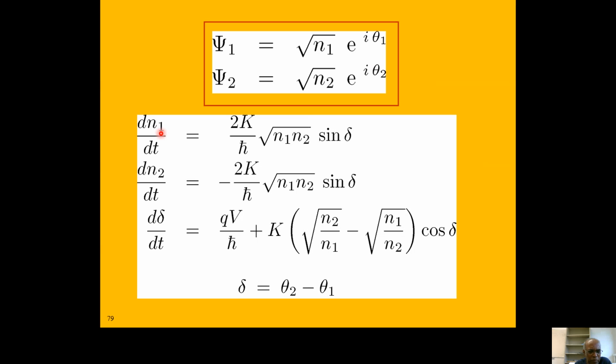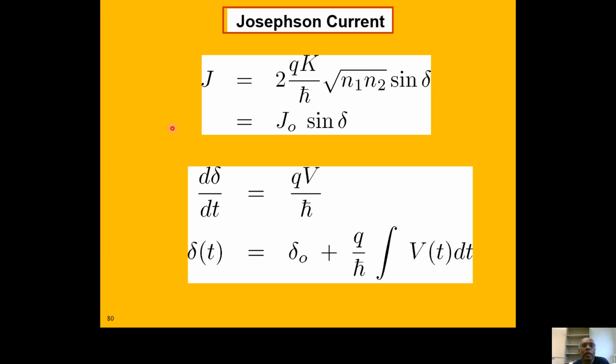So charge, if you divide by your time, you get your current. Because N1 is the super current, sorry, super charge. If you divide by time, you get the current, right?